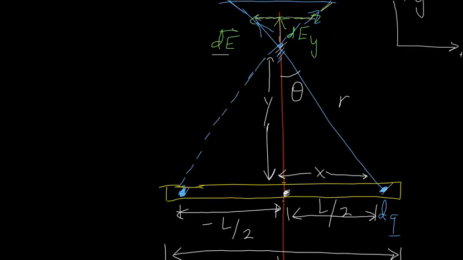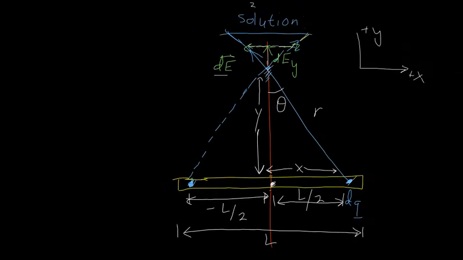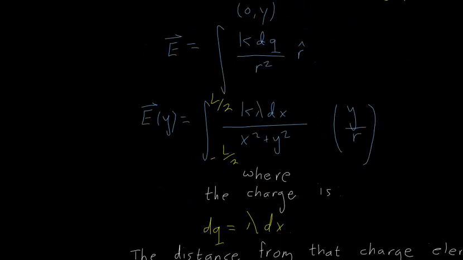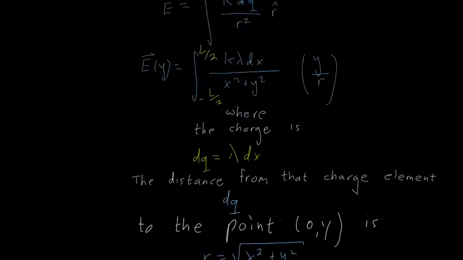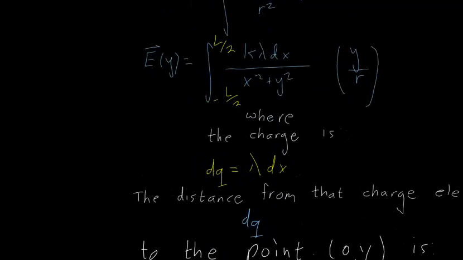Since dEy is the only preserved electric field component in the y direction, and everything else is canceled, we need to find, hint, hint, the infinitesimal electric field in the y direction. That will make sense in a moment. So I have my electric field as a function of y. But if we're finding this in terms of y, it turns out our integral has to be with respect to x.